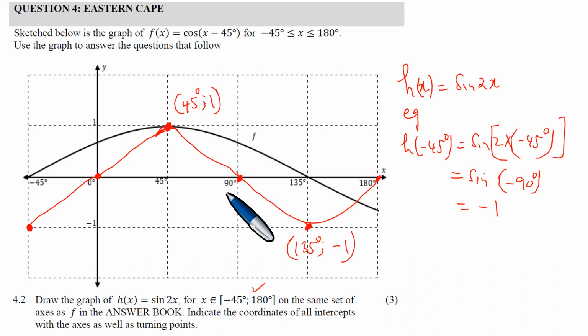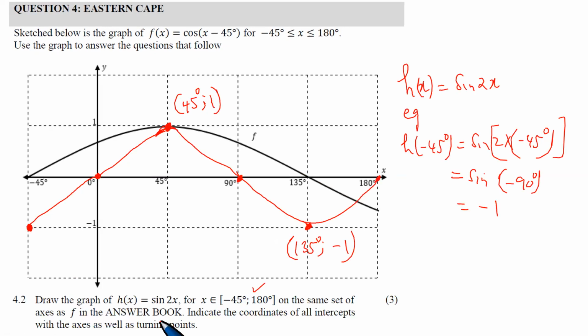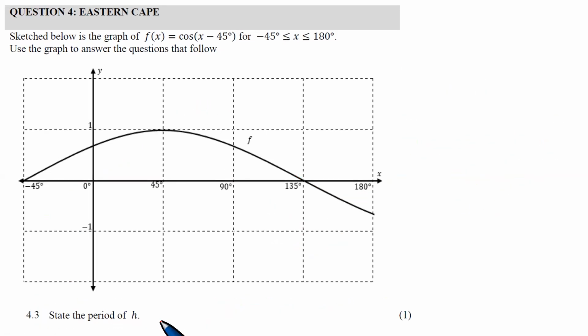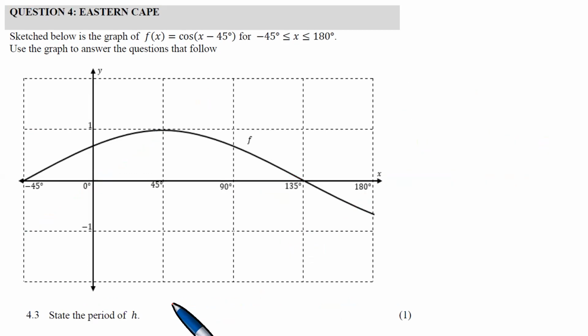Okay, we continue. Next question. State the period of h. What is h? H is the sine of 2x. So in other words, h of x is the trigonometric sine of 2x.